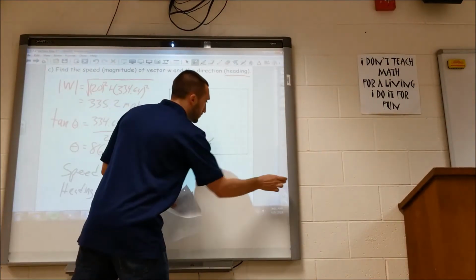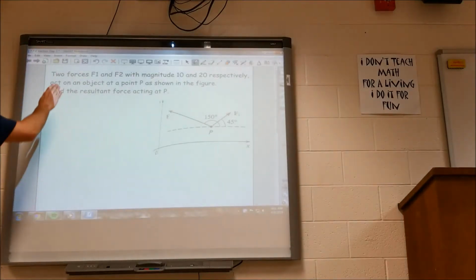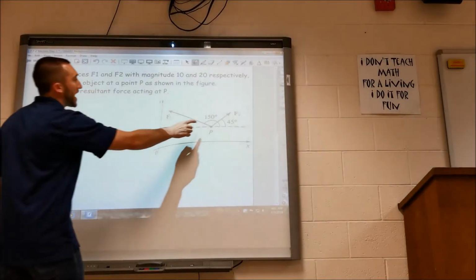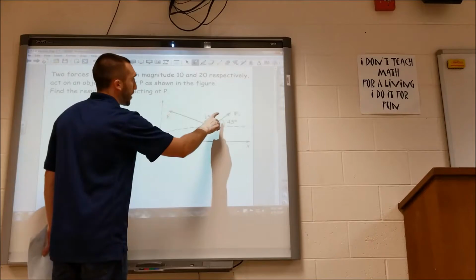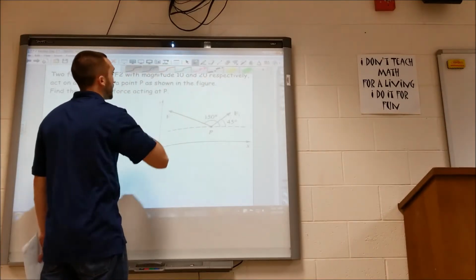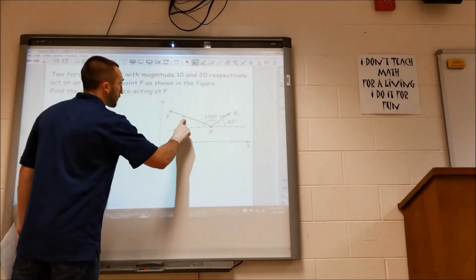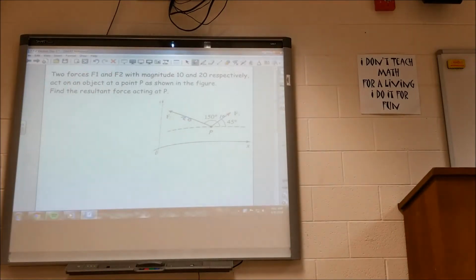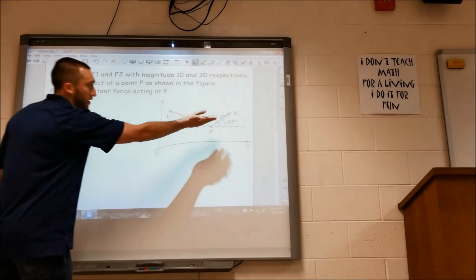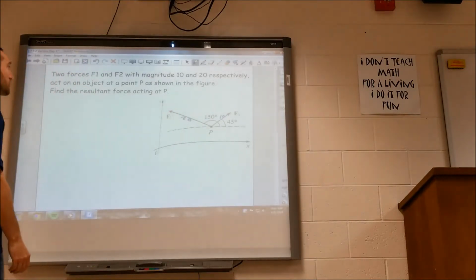Final example. We have two forces, F1 and F2, with a magnitude of 10, and that's obviously this one right here, the smaller one, and 20 for F2. They act on an object at point P, wherever point P happens to be.